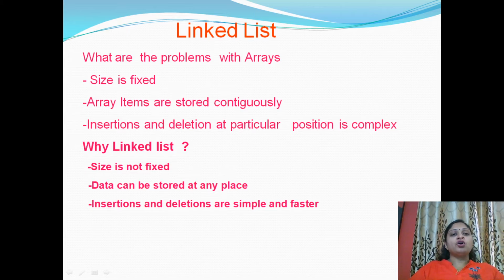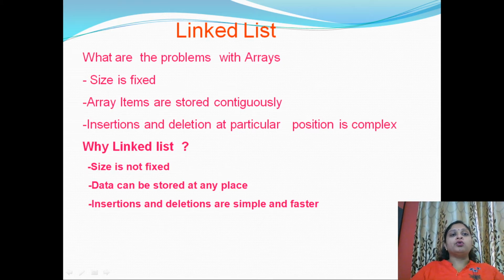But suppose on a disk, the 200 bytes of space is available, but it is non-continuous, meaning 100 bytes of space is available at one position, 50 bytes at some other position, and 50 bytes at some other position. So in total we have 200 bytes of space, but since it is not continuous memory, we cannot allocate such memory using arrays.